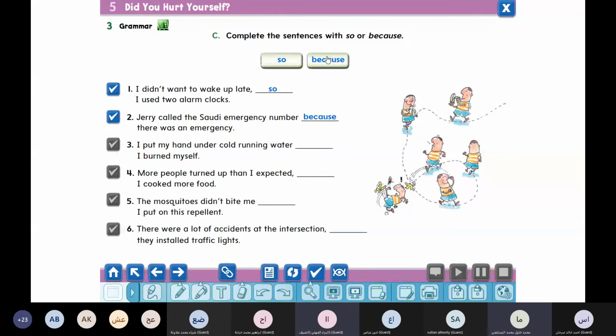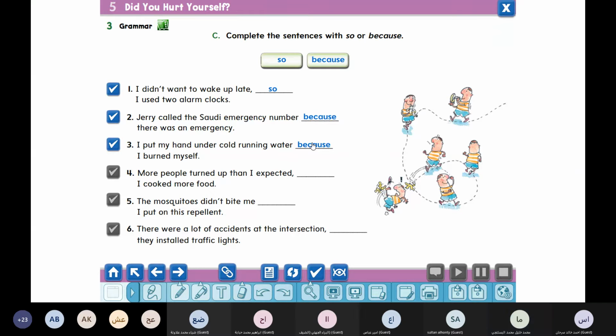The "because" goes here. Think about it. I put my hand under cold running water. Why? Because I burned myself.